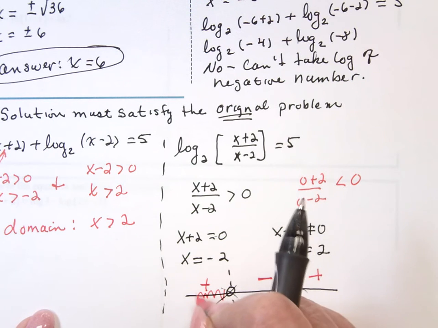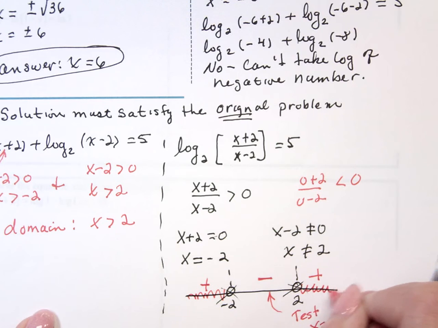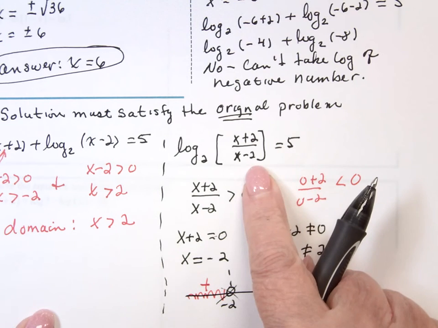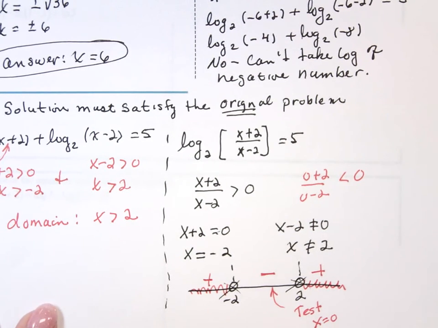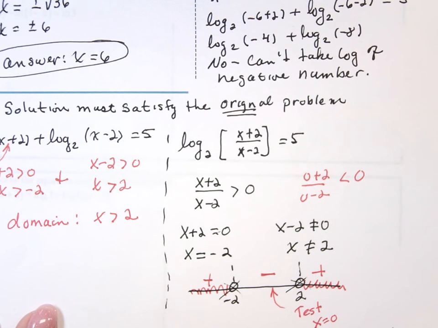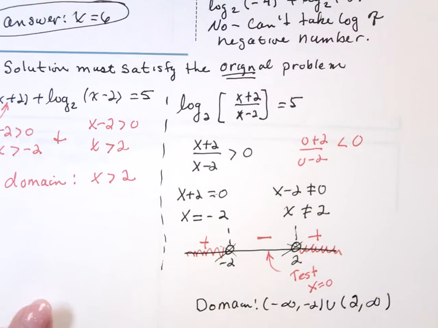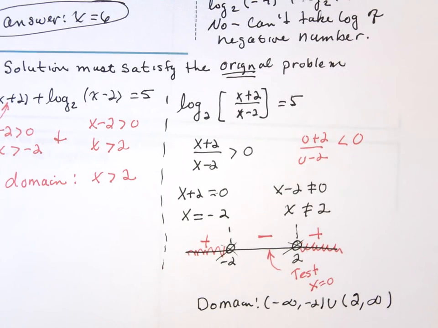Here's the domain of the one I changed. His domain is minus infinity to negative 2, union 2 to infinity. In other words, that's how I picked up negative 6.